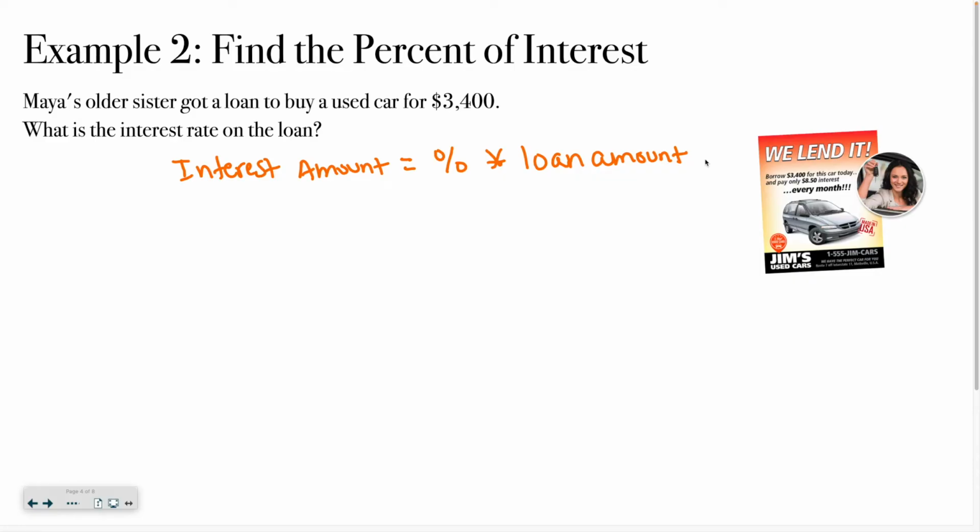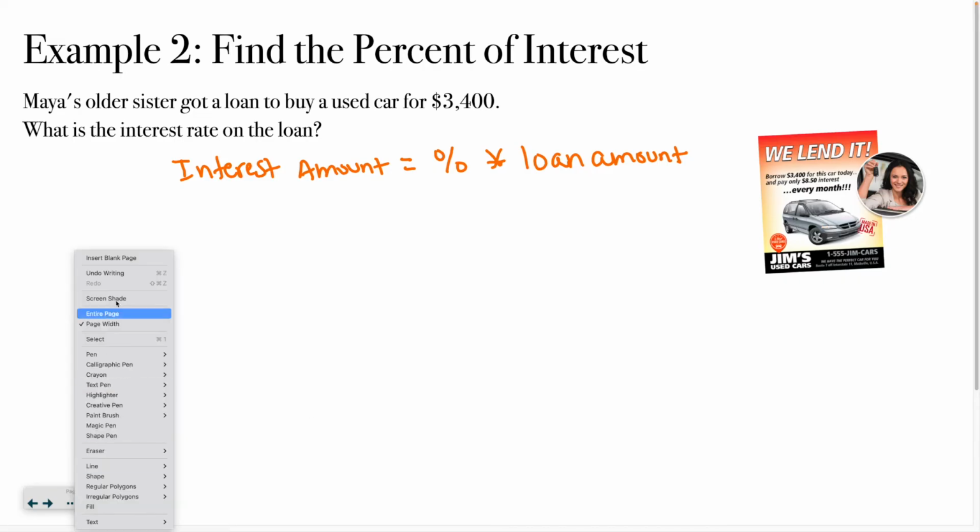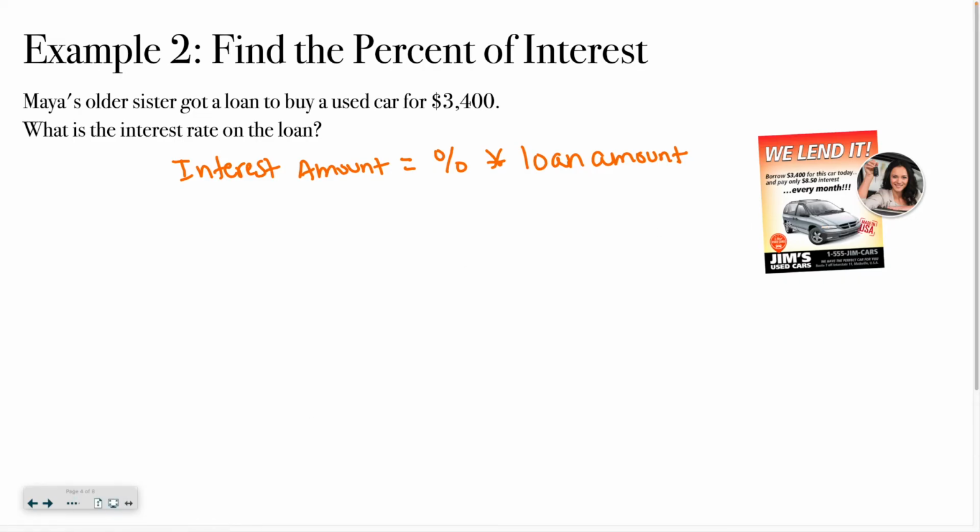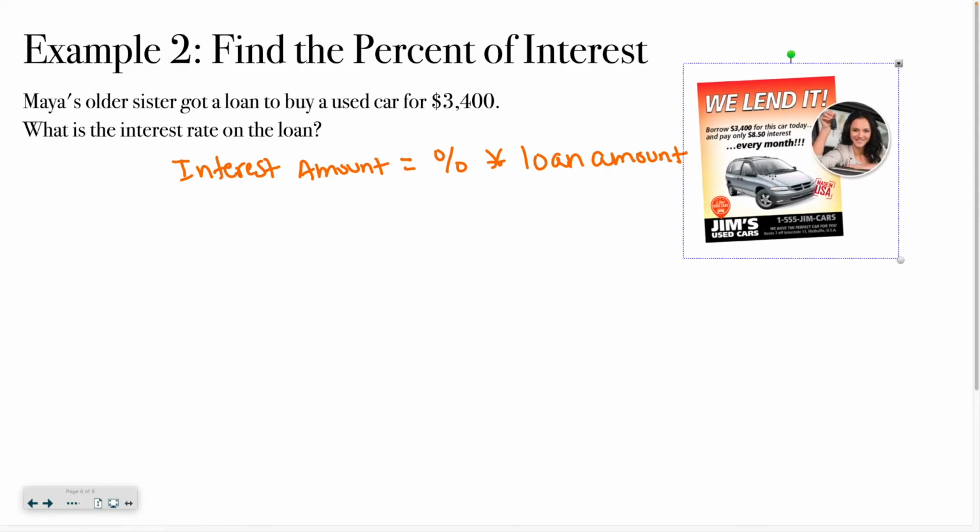All right, so we're going to find the percent of interest. So we have Maya's older sister got a loan to buy a used car for $3,400. What is the interest rate on the loan? And if I look over at this picture right here, and I'm actually going to maybe try to make that a little bit bigger, because that's pretty small.